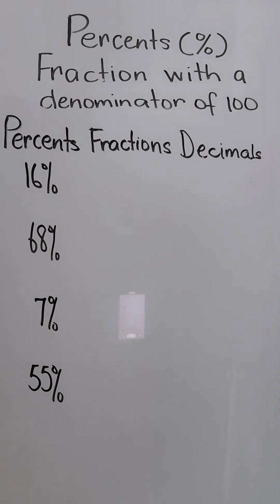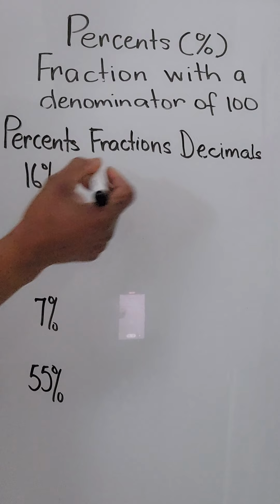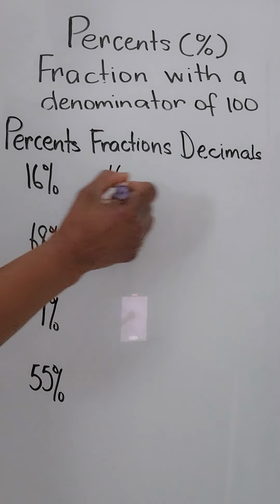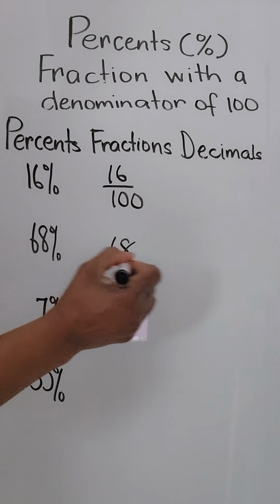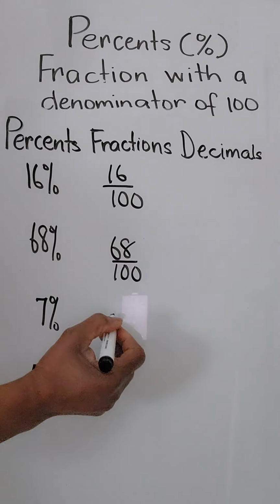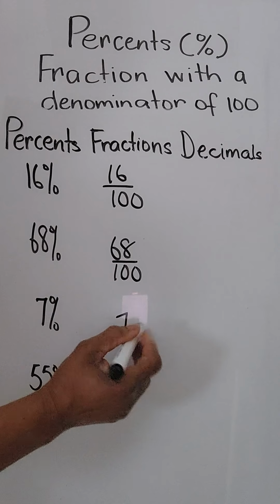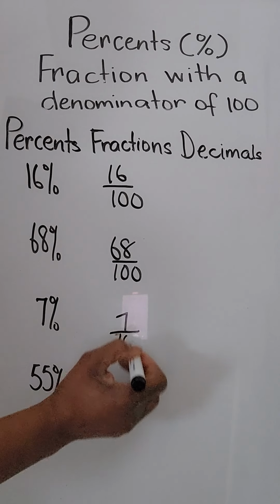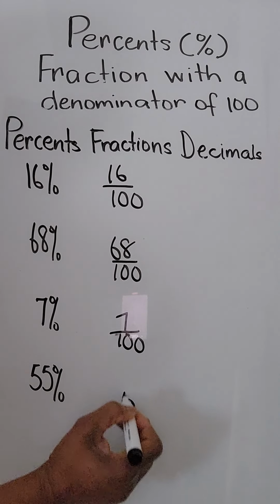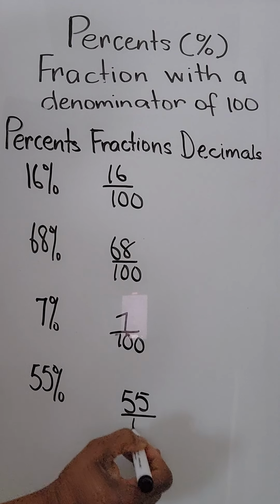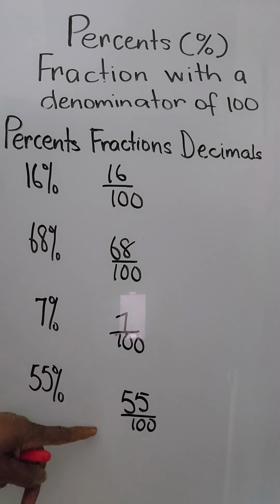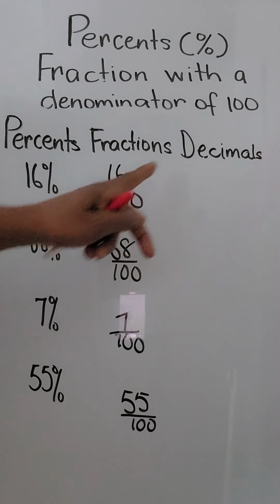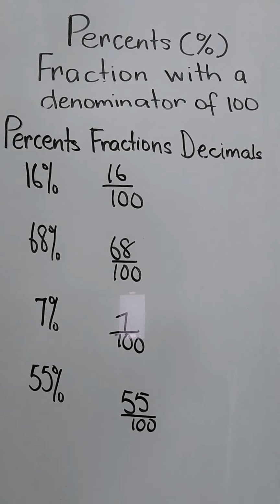Let's rewrite our fractions. 16 over 100, 68 over 100, 7 over 100, 55 over 100. So we have our percent and we have our fractions. So now we need our decimal.